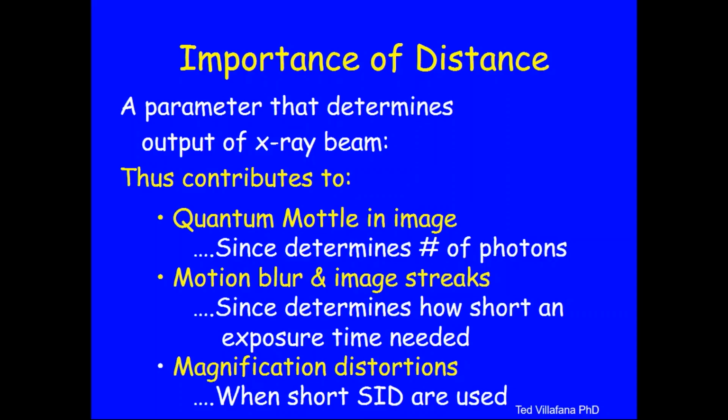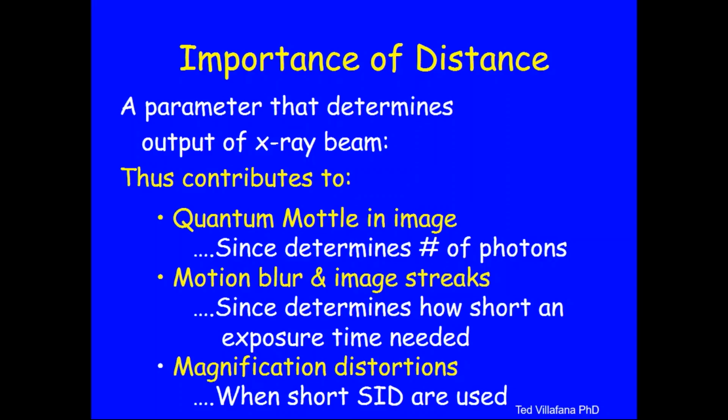But when you go to short SID, then you're going to have magnification distortions. In a later chapter, we're going to be talking about magnification distortions. You want to avoid distortions in your image. Just what form those distortions take, we'll cover when we get to, that's actually in chapter 8. We'll be looking at that, okay?